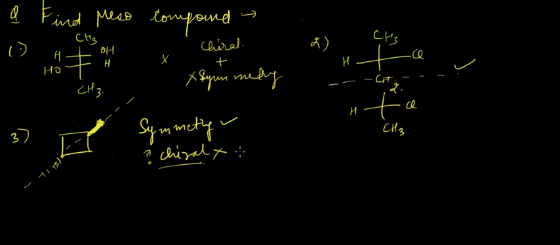So I suppose your answer is it does not have a chiral center, but howsoever it will show geometrical isomerism because of the presence of cyclobutane ring, but it does not have chiral center. Why? Because from this carbon, if you go anti-clockwise or clockwise, you will have the same set of groups. So two groups are same, hence does not have chiral center, hence it is not a meso compound. Okay, so it is not a meso compound.